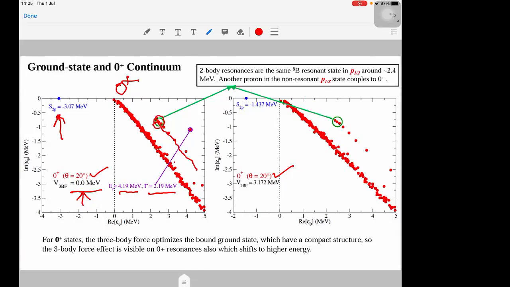These are the two-body resonances because these are quite close to 4.2 MeV. So there are 3 two-body resonances which are the same 8B resonant state in p1/2, and another proton is sitting in a non-resonant p1/2 state to couple to 0+.